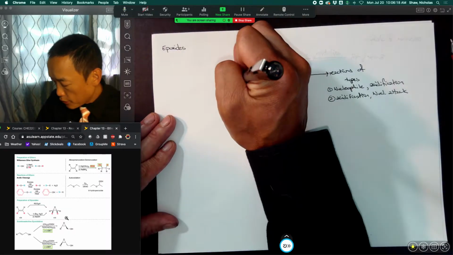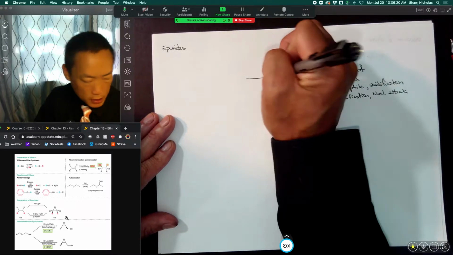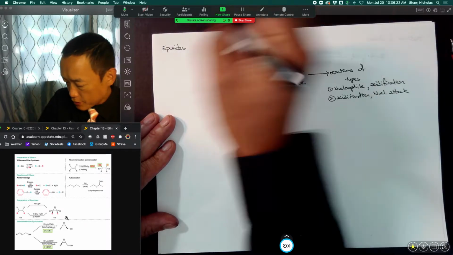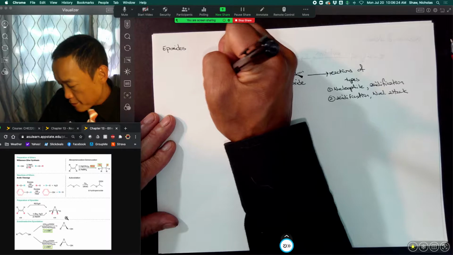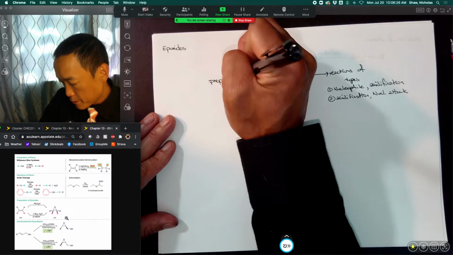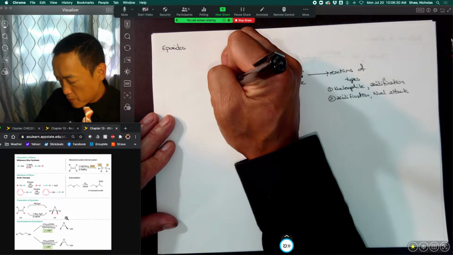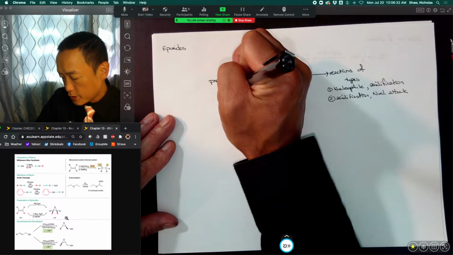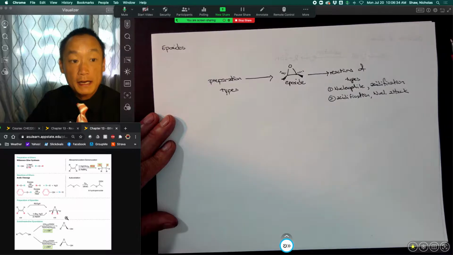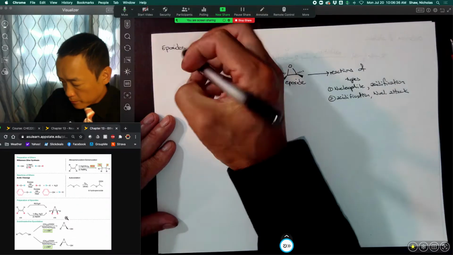The other thing that we must then talk about is the preparation. There are two different types of preparation of epoxides.